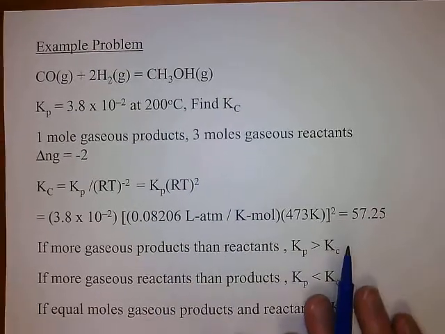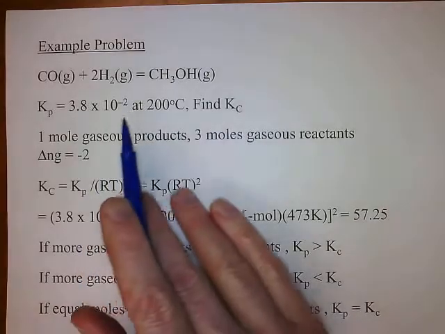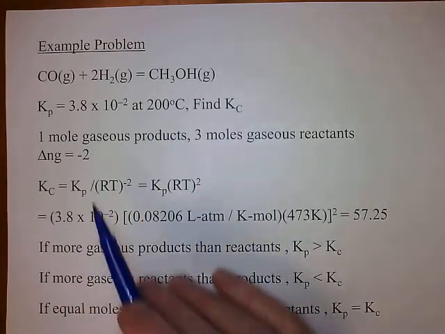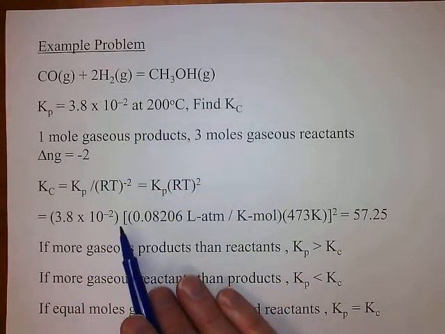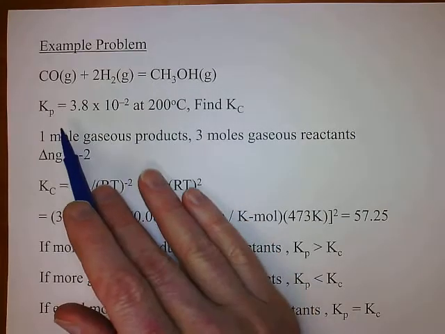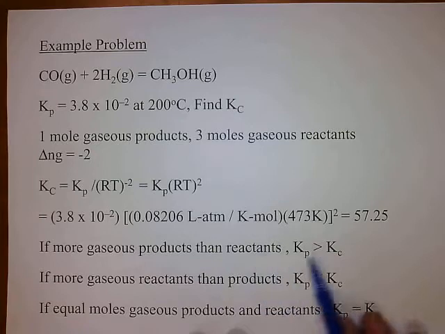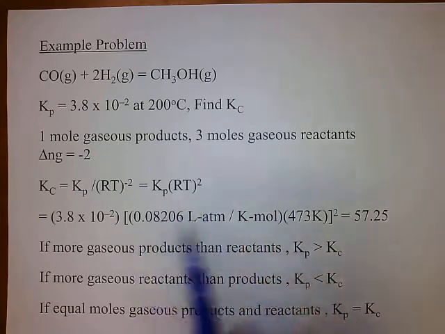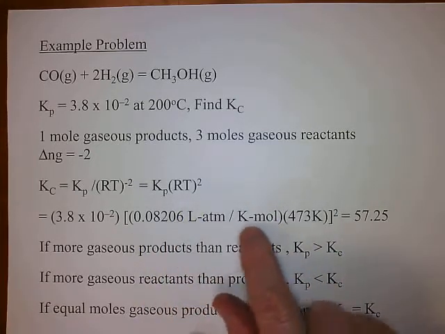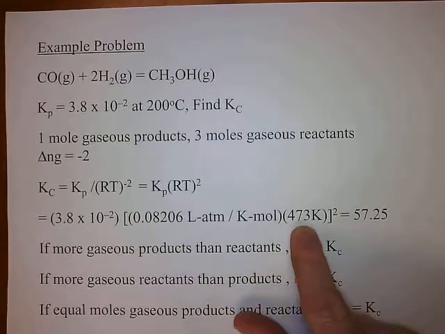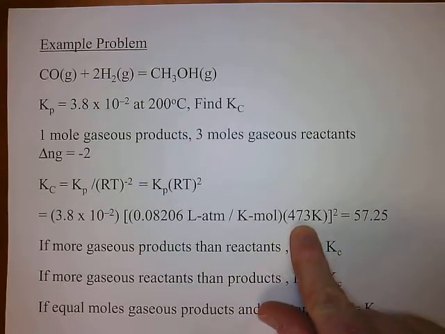So you take 3 times 10 to the minus 2, which was Kp, times RT, so 0.08206 times 473. Remember to be consistent with units.